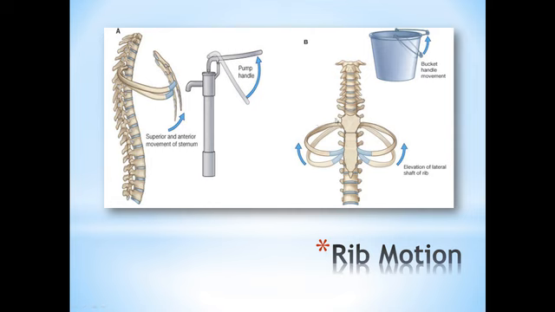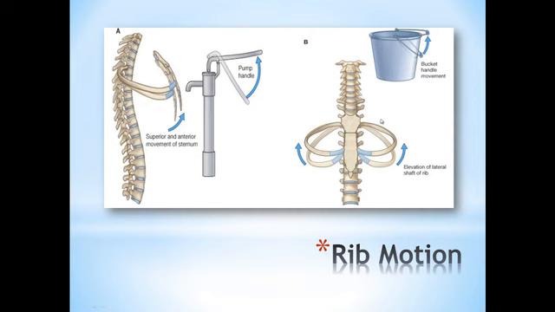Whereas when I look at the lower ribs, as that axis starts to orient more toward the sagittal plane, the outer angle of the rib starts to move superiorly. So now we see this motion that is occurring primarily in the frontal plane.